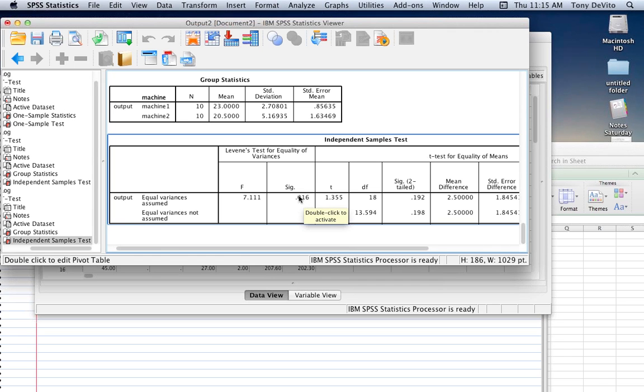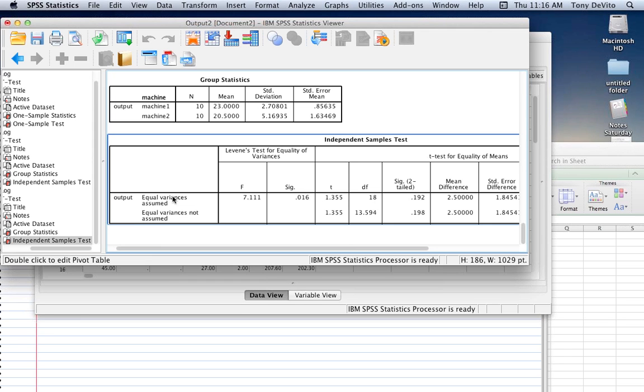So since this number is less than 5%, you say that this is wrong. I reject the null hypothesis and use equal variances not assumed instead. So because this is less than 5%, we're not going to use the top line. We're going to use the second line. Okay, guys, comfortable with that? See why I say that? It's always got to be the same every time you see one of these two-lined boxes like this.